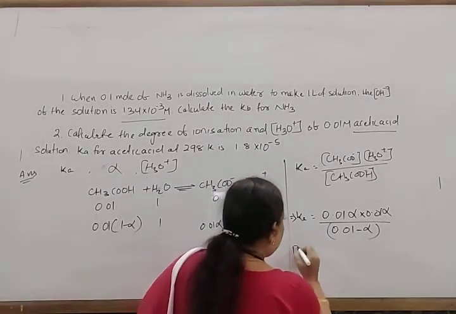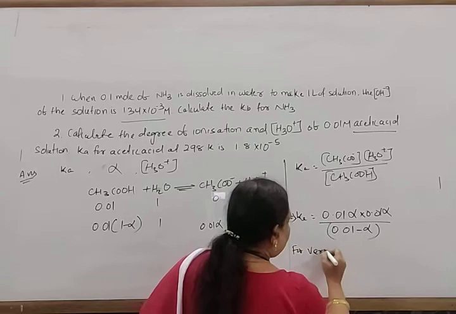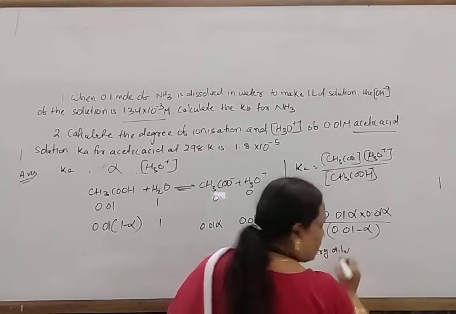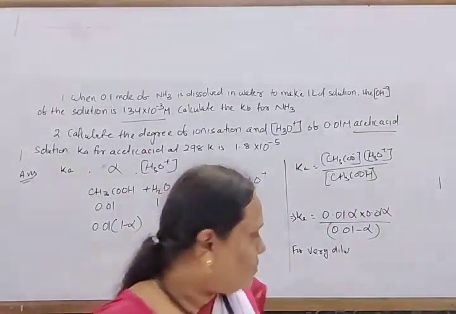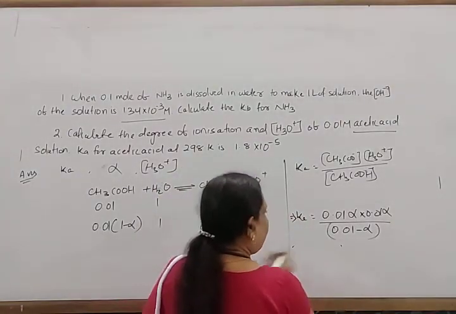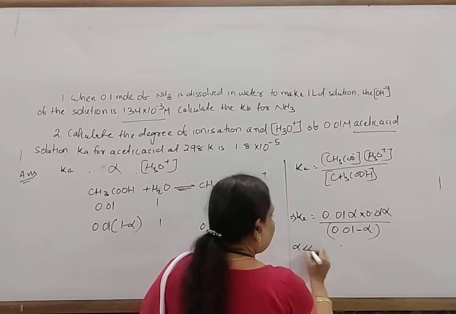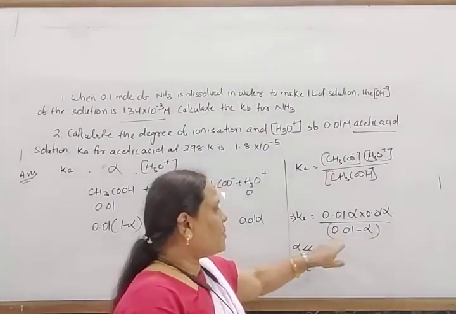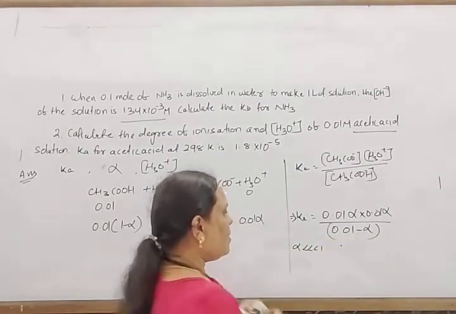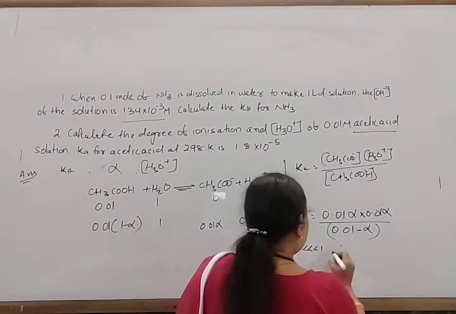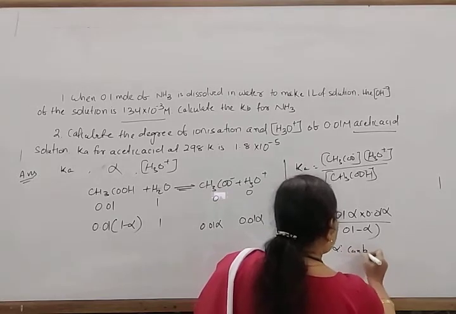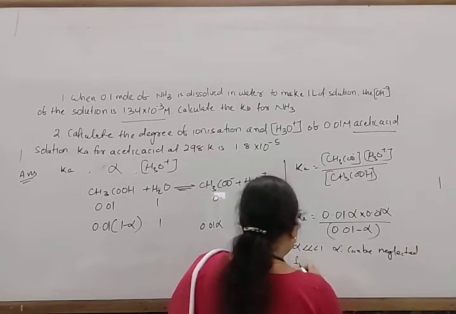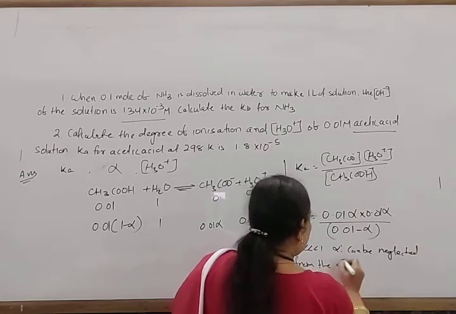For a dilute solution of a weak electrolyte, the alpha value is very much less than 1, so alpha can be neglected in the denominator.